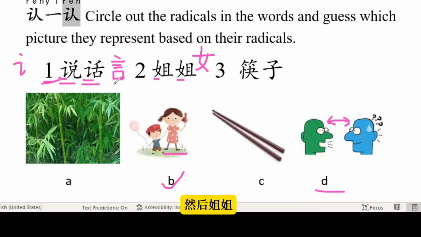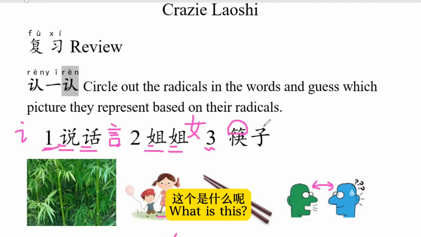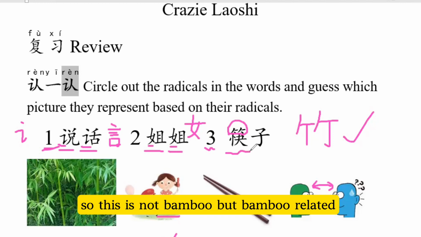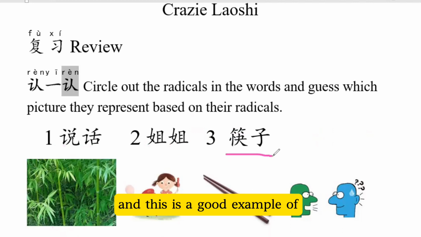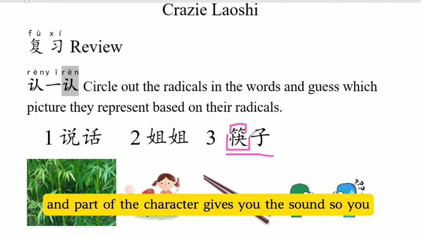说话然后姐姐。三，我们看到这个是什么呢？是竹 bamboo. So this is not bamboo, but bamboo related. So it's not A, it's C. It's chopsticks. And this is a good example of part of the character gives you the meaning and part of the character gives you the sound.